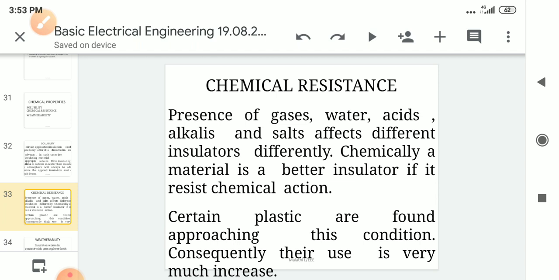In that situation, if it is not a chemical resistant insulating material, then the insulation may be damaged, right? Certain plastics are found to approach this condition. Consequently, their use has increased very much. Chemically, a material is a better insulator if it is chemical resistant.